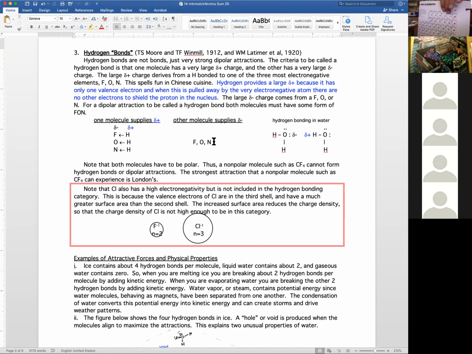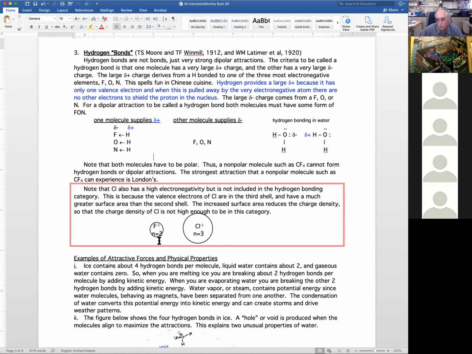If you look at fluorine, fluorine is right there in shell number 2, period number 2. Chlorine is in shell number 3. That means that its electrons are in another shell. They're much farther away from the nucleus. And say, for example, you have a negative charge on the chlorine atom compared to the negative charge on the fluorine atom, which is much smaller.